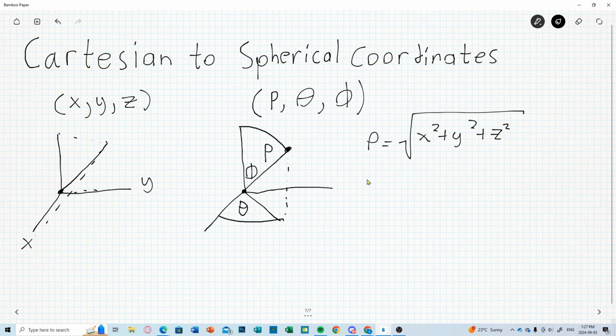Our theta is going to be our inverse tan of y over x, and our phi is equal to our inverse cos of z over rho, which means that you have to find rho before you can find your phi.